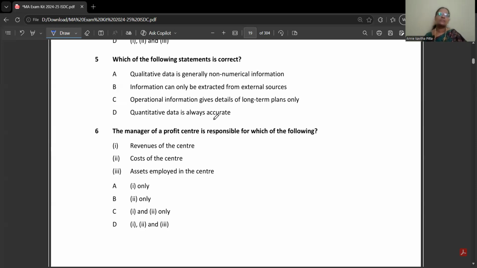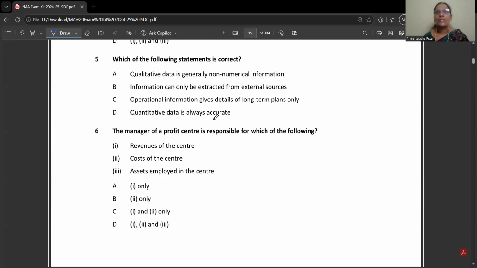So basically, when we talk about types of data, data is a collection of facts and figures. When these facts and figures are collected, sometimes it is collected in a numerical manner, sometimes it is collected as non-numerical also.